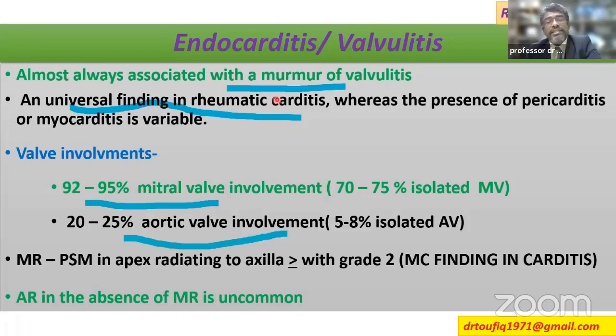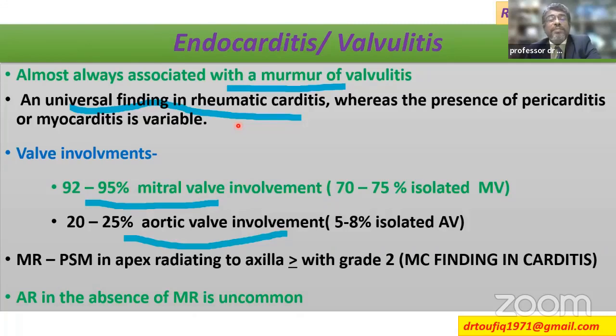So endocarditis and valvulitis are actually similar things. It is almost always associated with the murmur of valvulitis. When there is a murmur, we can suspect that this patient has endocarditis or valvulitis. It is a universal finding in rheumatic carditis, whereas the presence of pericarditis or myocarditis is variable. So usually patients have valvulitis or endocarditis at first.